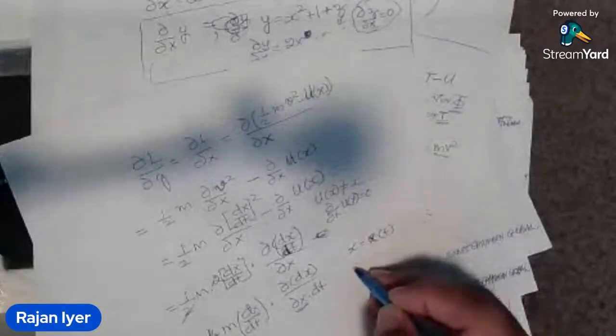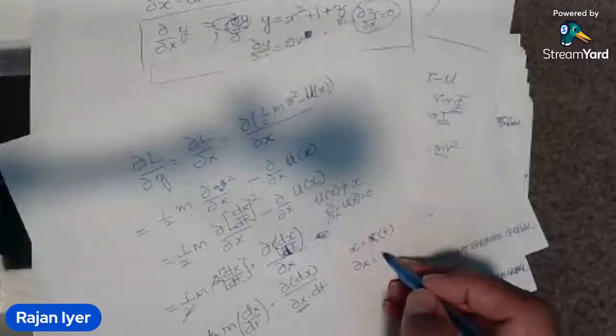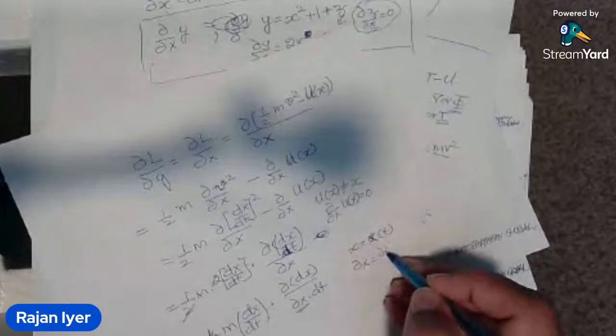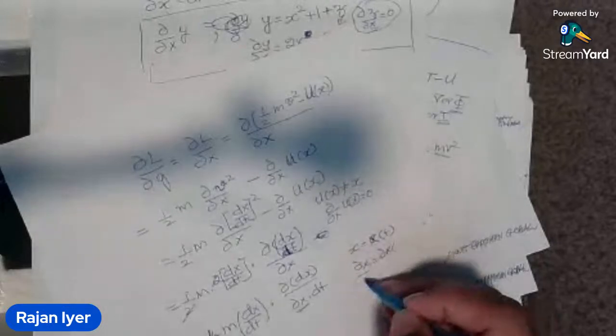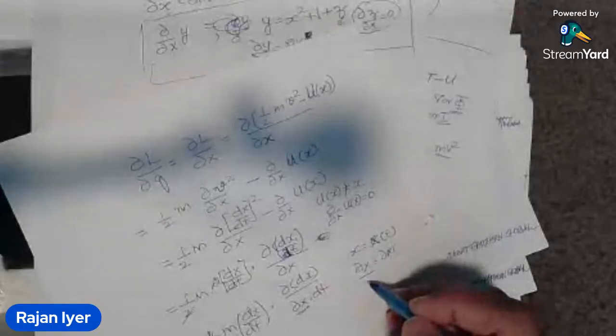Del x becomes, it's not a function of t, it becomes constant. So we aren't going to worry about the time aspect.